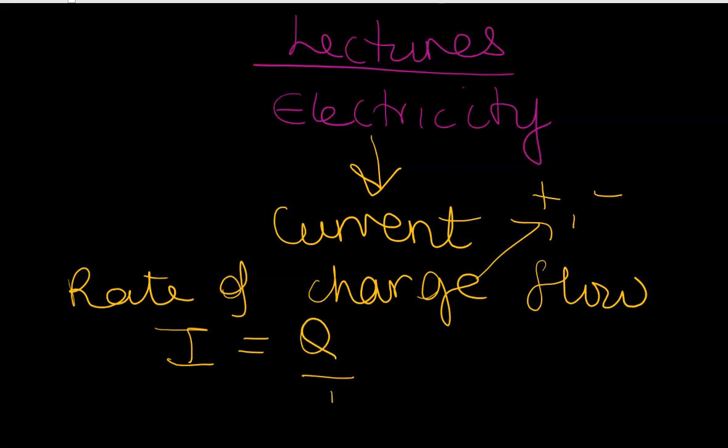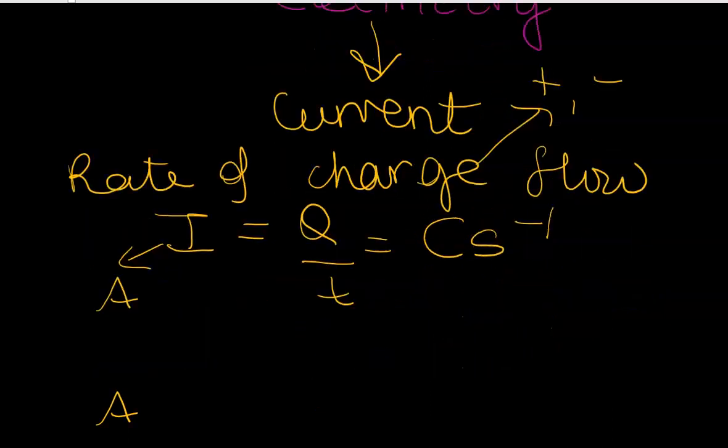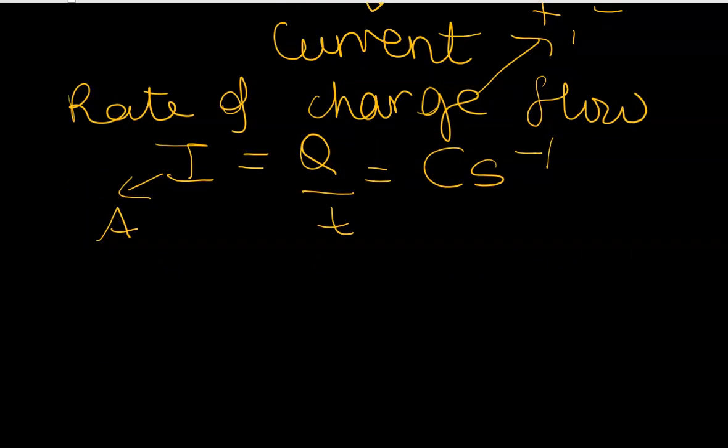So current is the rate of flow of charge. That charge is measured in the coulomb, C, and of course you're dividing it by seconds. The unit of current is called the ampere, and 1 ampere is 1 coulomb per second. So when we define rate of flow of charge, we can say it's either positive or negative charges depending on the medium. If you have something like an electrolyte, for example, an electrolyte mobilizes both positive and negative charges, which move.